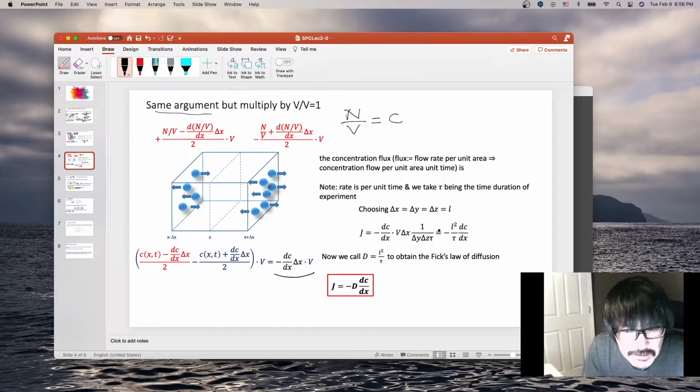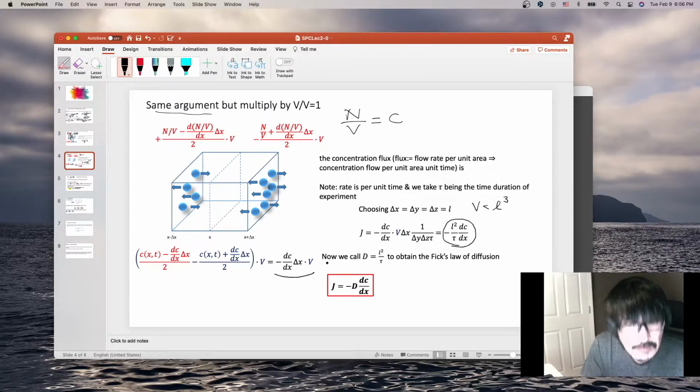So once again, I'm going to take delta x, delta y, delta z to be L, and then what's the volume? Volume is equal to L cubed right here. So we have L cubed, L, L, L. Then you're going to end up with this formula right here. So instead of the number, we actually have the concentrations.